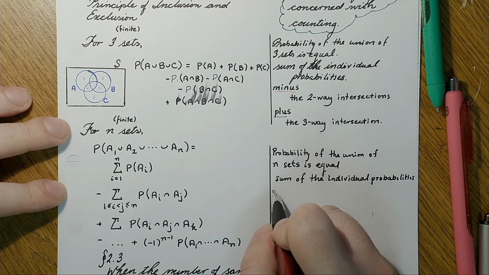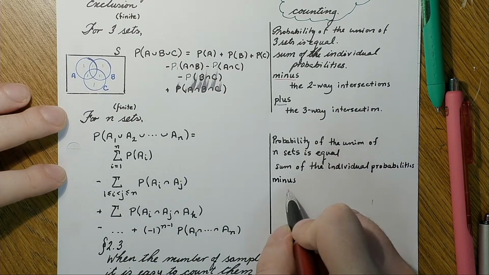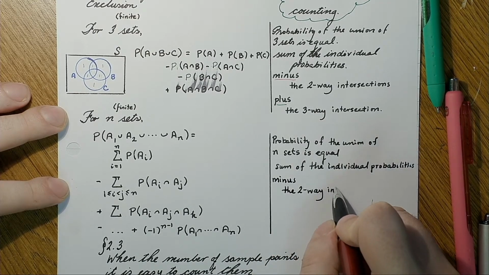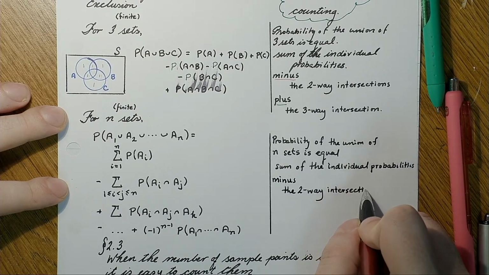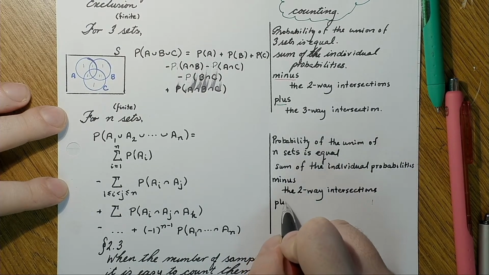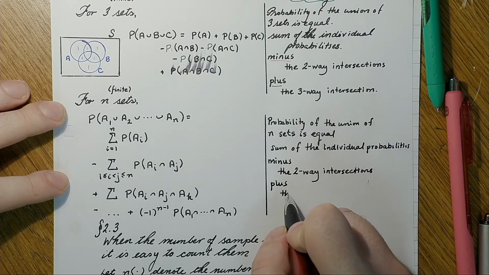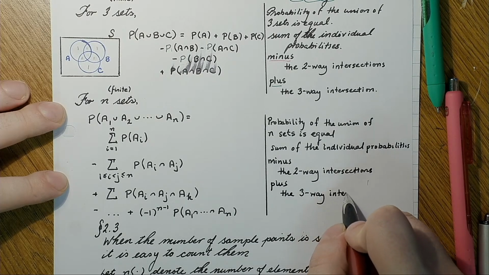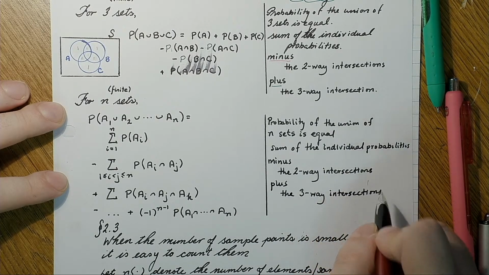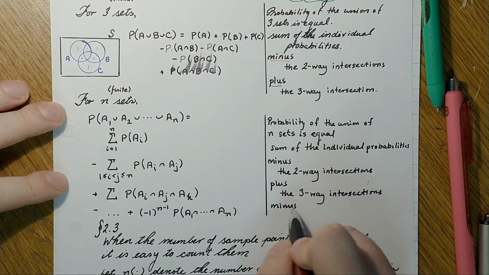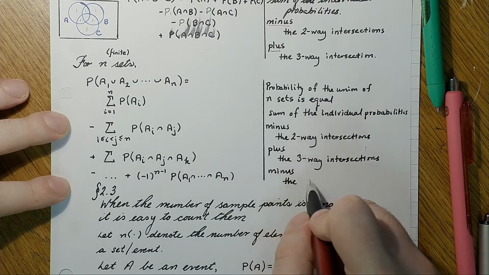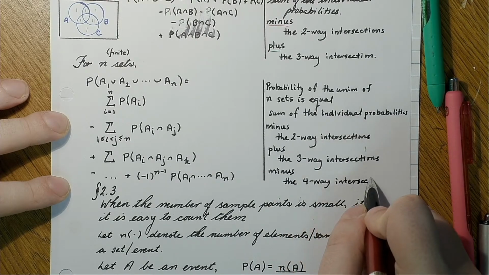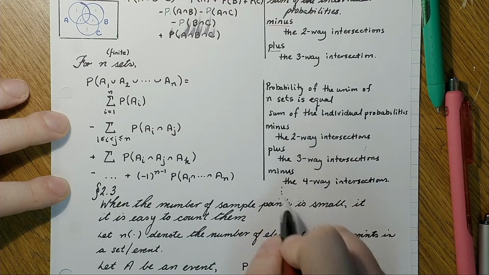Then we would subtract, so minus the two-way intersections, plus the three-way intersection, minus the four-way, and so on and so forth.